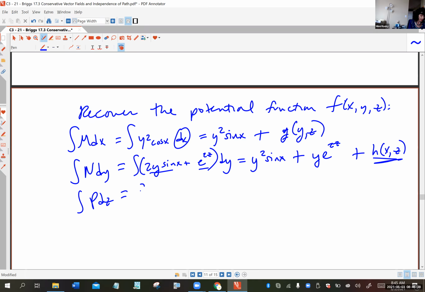All right, so now we're going to integrate P, which is 2y e to the 2z with respect to z. I get y e to the 2z plus extra junk. Choose a different letter, f, and f is going to be a function of the two other variables we didn't integrate with respect to.